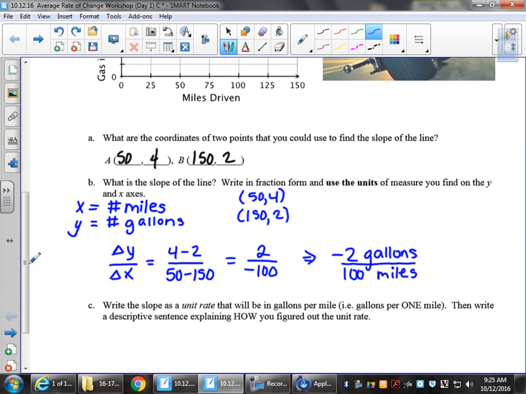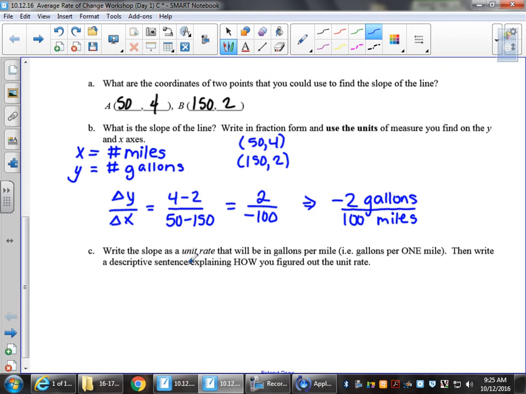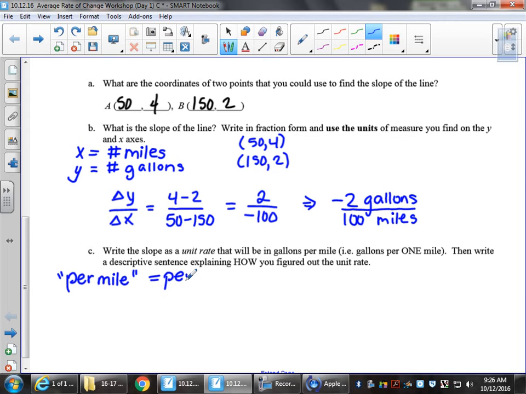But what if I want to know what's called a unit rate? Because usually nobody says, I can go this many gallons 100 miles. We say per mile. When you say in the real world per mile, what are you really saying? How many miles? Per 1 mile.